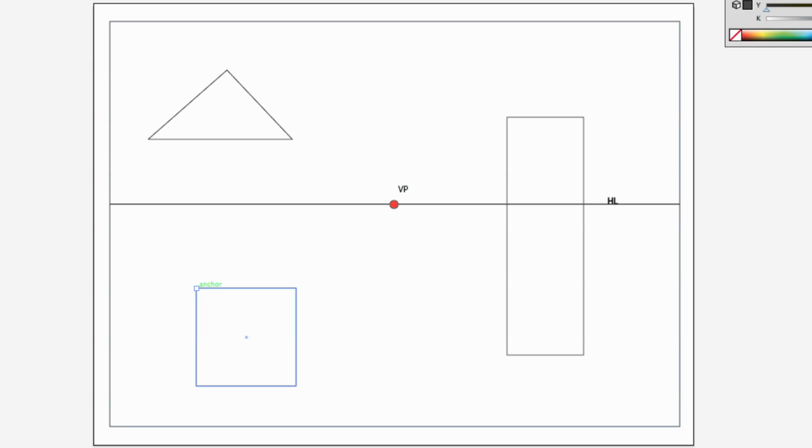So I'm going to begin with our cube. Let me put my fourth one in. My cube.